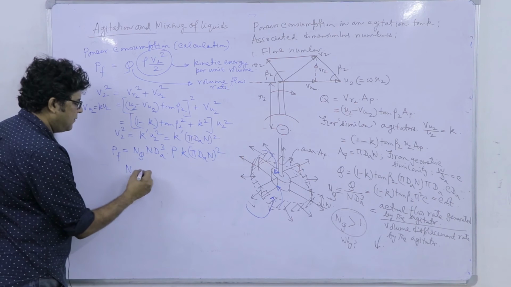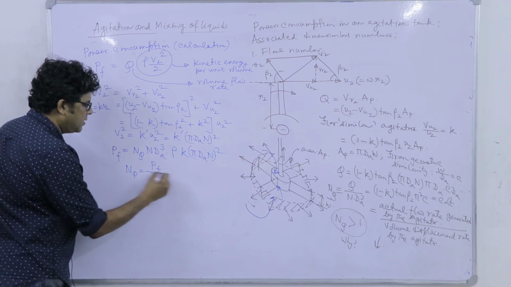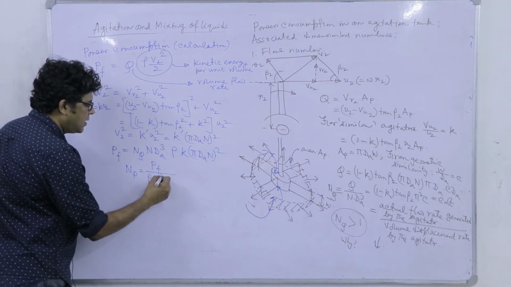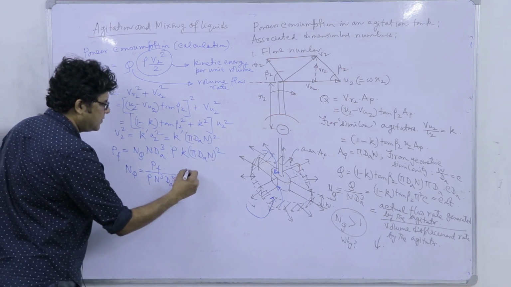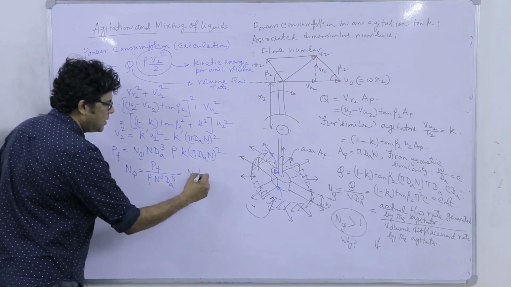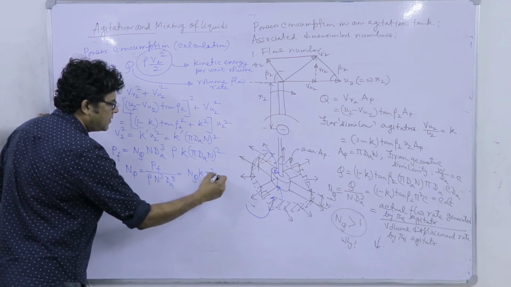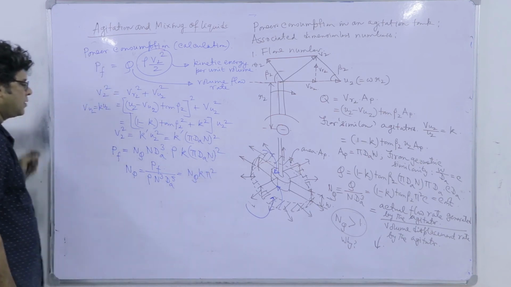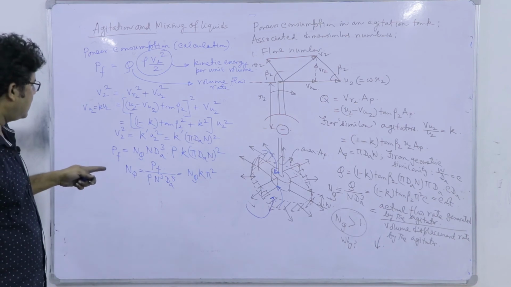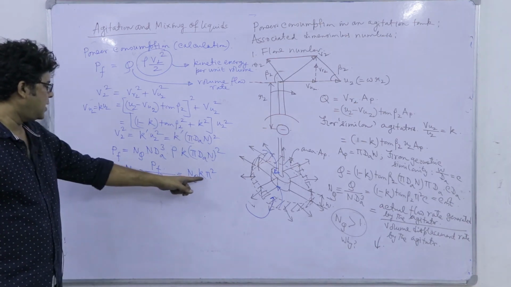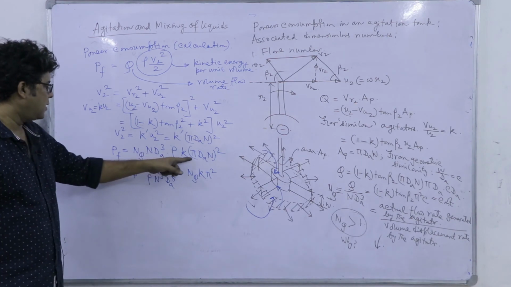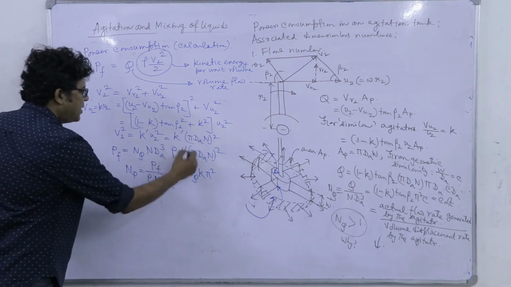So we have the definition of power number, rho N cube dA to the power 5, and here it is NQ into K prime into pi square.